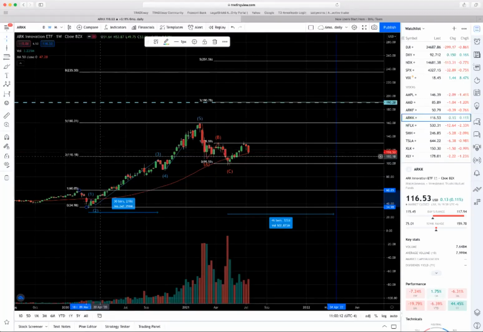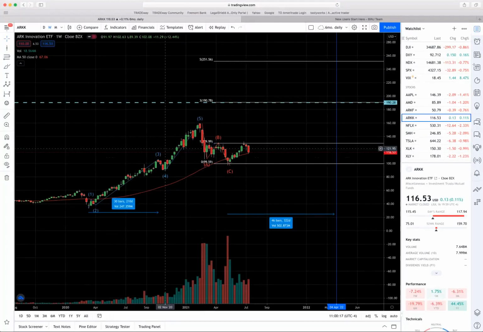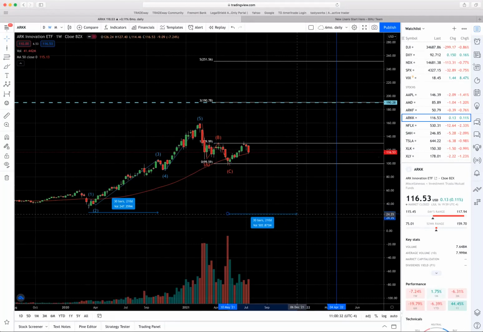Getting rid of this line, so there's no more questions about this one. So let's go to where it hit line 3 of the fib retracement, which I have as a target of 189, and it says it reached there in 30 days, or 30 bars on the weekly chart. So let's pull back and go 30 bars.